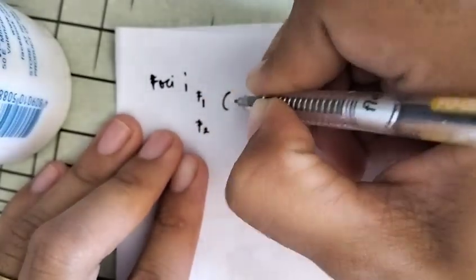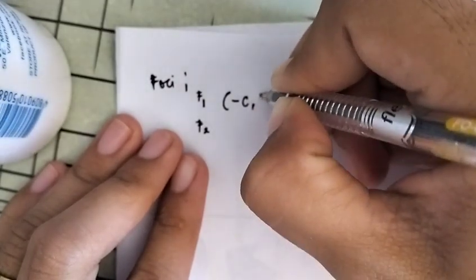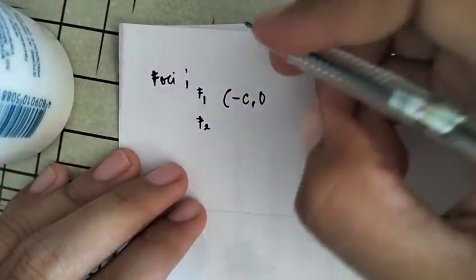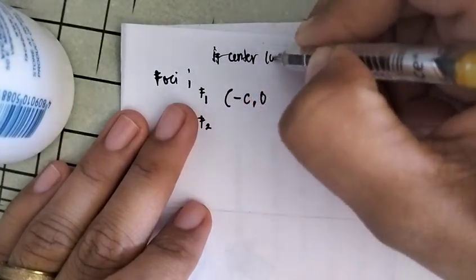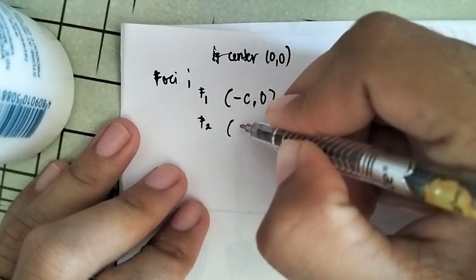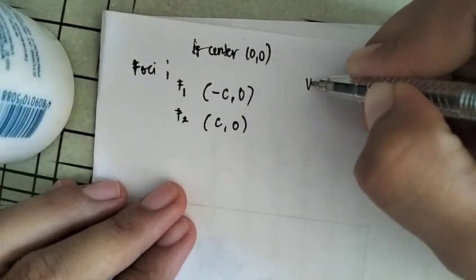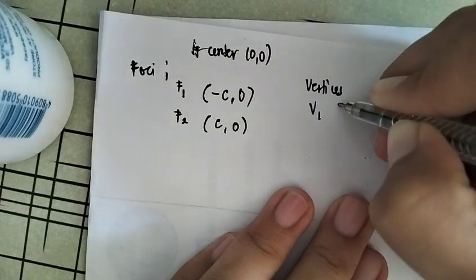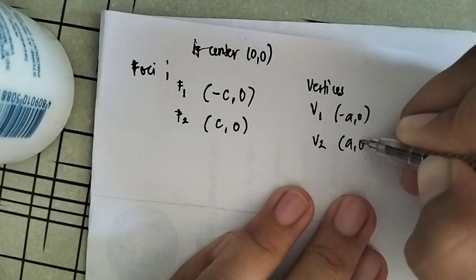F1 is given by negative c, 0, if our center is at 0, 0. So, the focus is negative c, 0. Then F2 is c, 0. Vertices: V1 is negative a, 0, and V2 is a, 0.